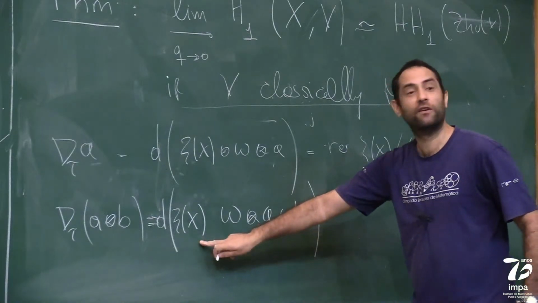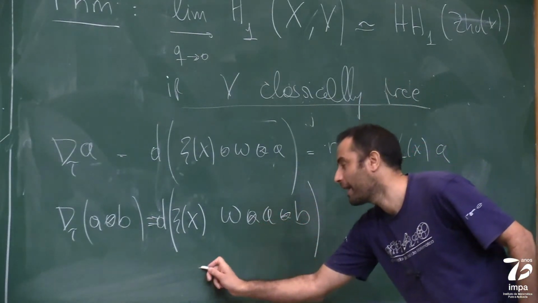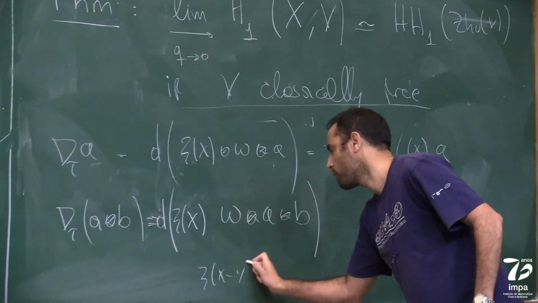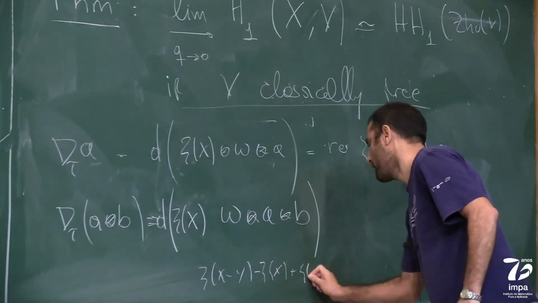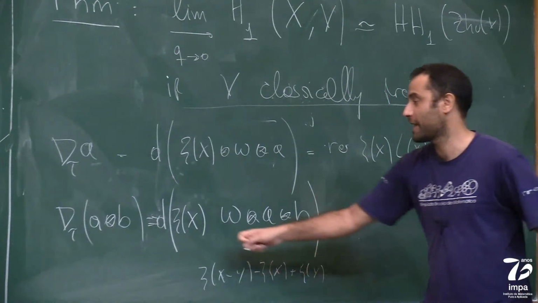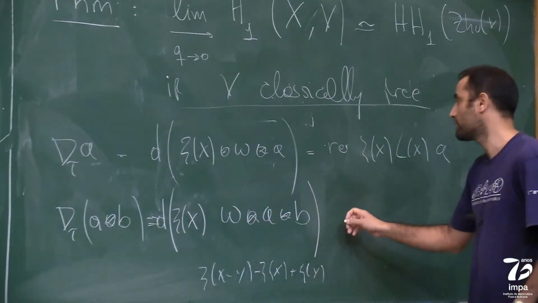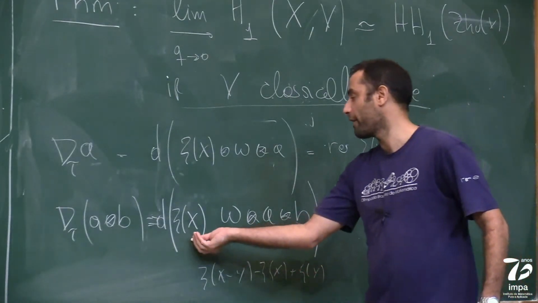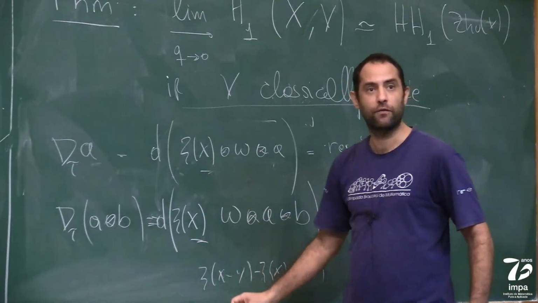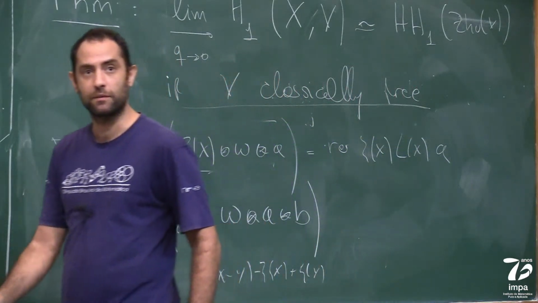This is not a well-defined function. If I had that extra combination, x minus y minus z of x plus z of y, it was well-defined, but this guy is not. But I take d of that, and this is, again, a residue. This is the connection. So you see the same singularities as for the degree 0 case.